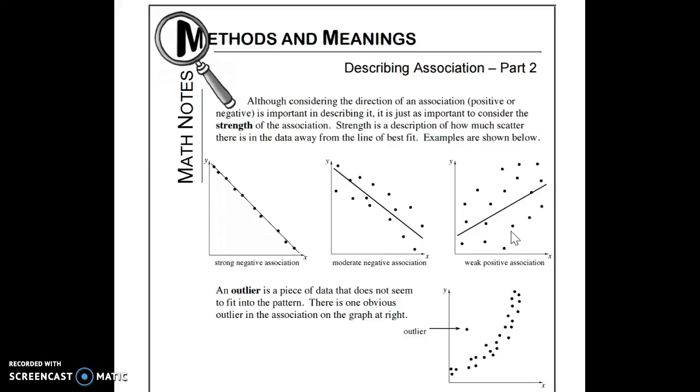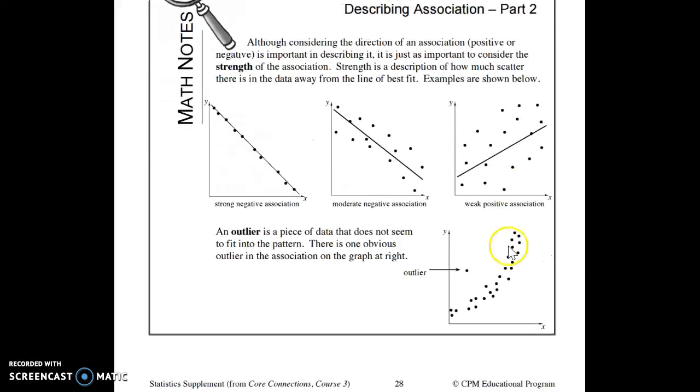Then we've got nonlinear associations. Down here at the bottom, we've got an example of a nonlinear association. In fact, if a regression was performed here, it might be more parabolic or exponential because it is not straight but curved. And then something that is obviously not part of a trend would be considered an outlier.